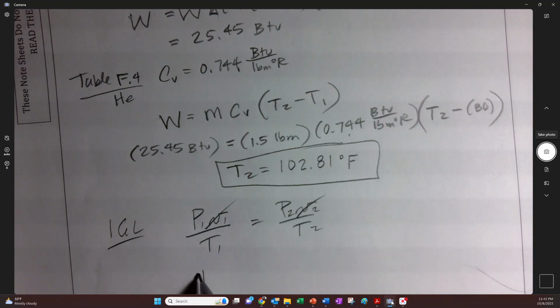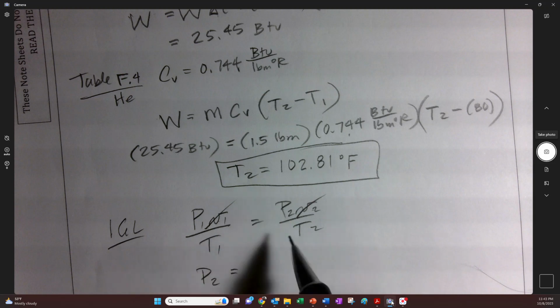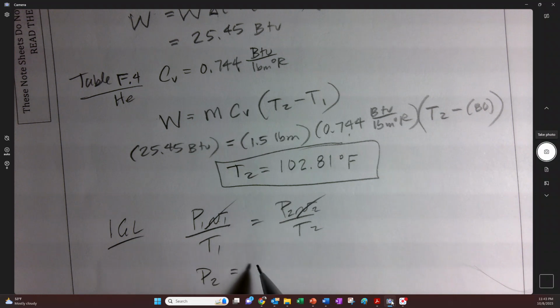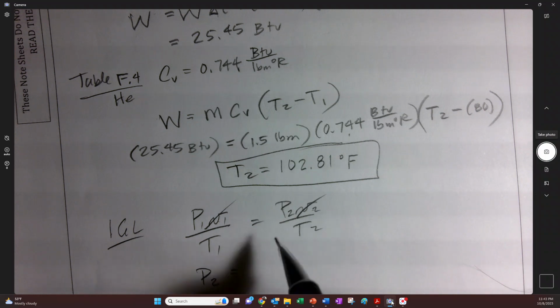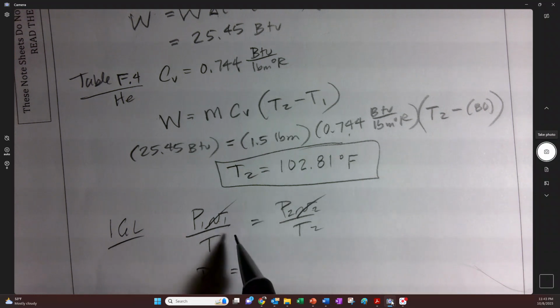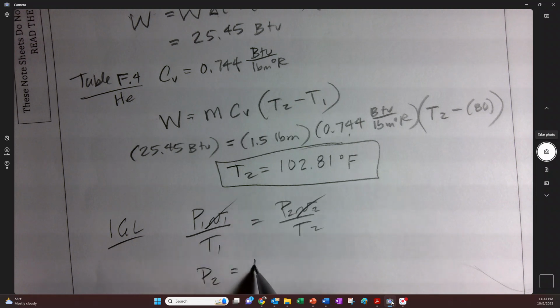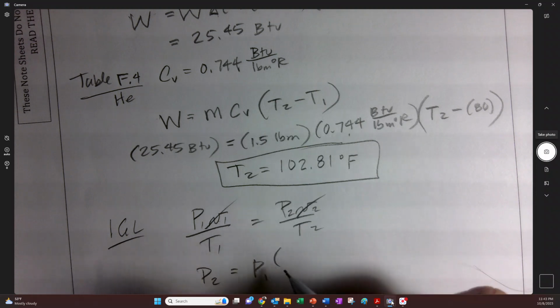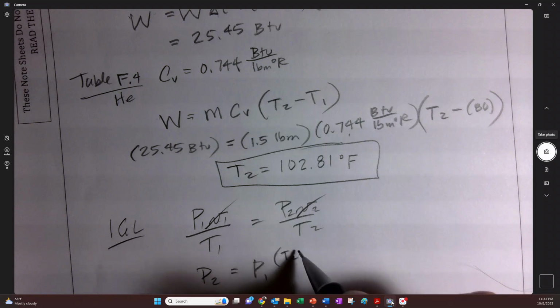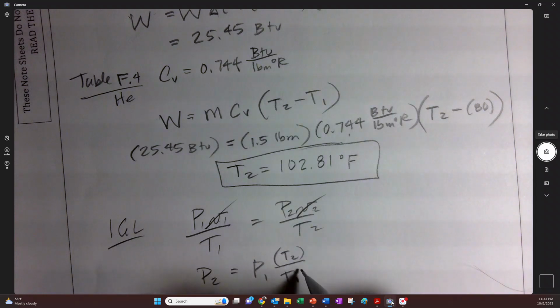So you could say that P2 is going to be equal to P1 times T2 over T1.